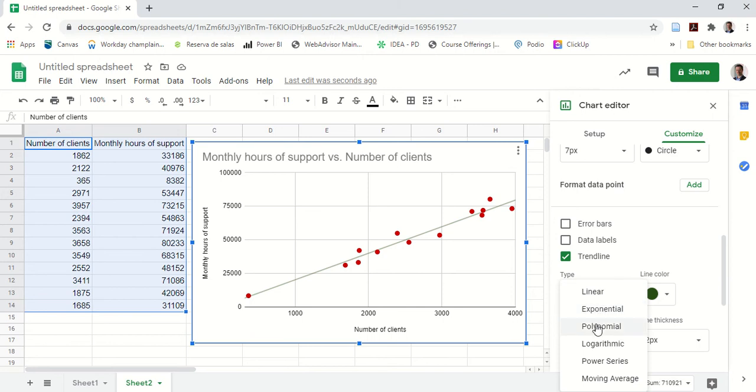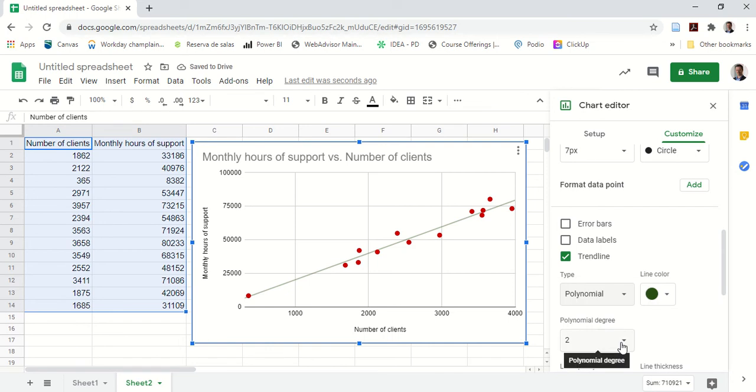And polynomial, this week we are only looking at the polynomials of second degree, and you could actually change here, but for this week we are only looking at polynomials of second degree.